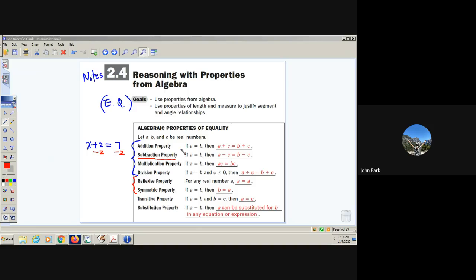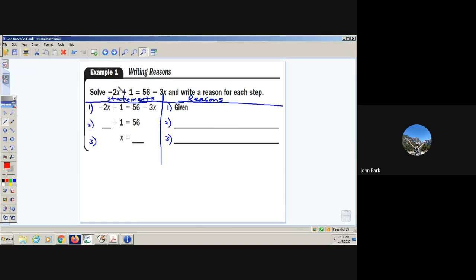And then we're going to practice or set up a two-column proof that we're going to be doing in geometry. But we're going to use algebra first to relate to some of the things that you've done with algebra. So we have a problem like this where you solve for the variable x. The way you do the two-column proof is on the left side of the column you write the statements.